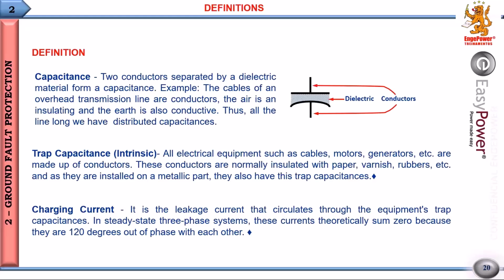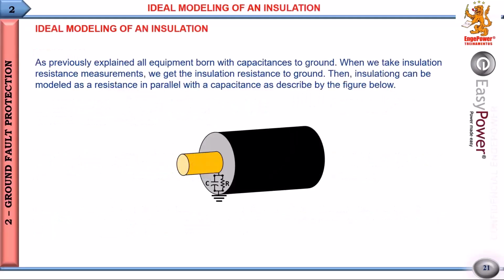This current that flows in this capacitance is known as charging current. Okay? Good. The ideal modeling of an insulation is a resistance in parallel with the capacitance.